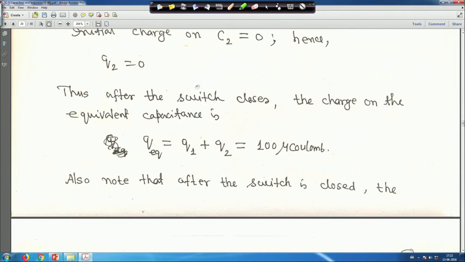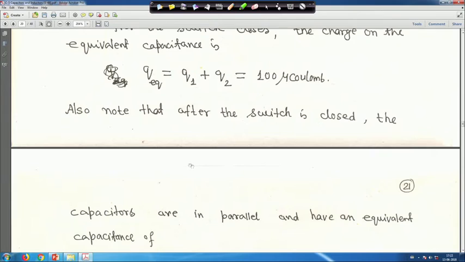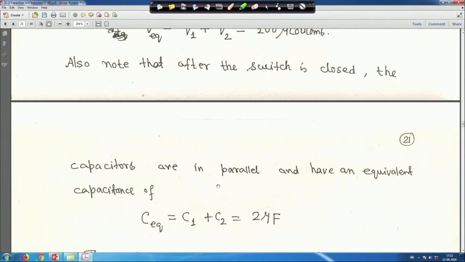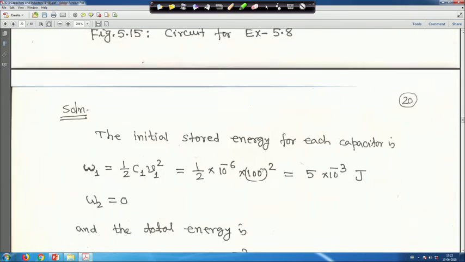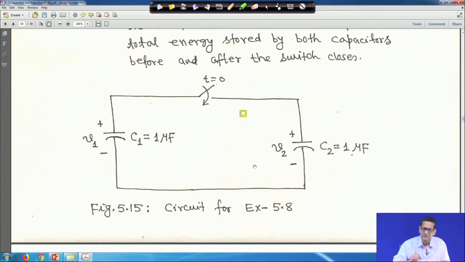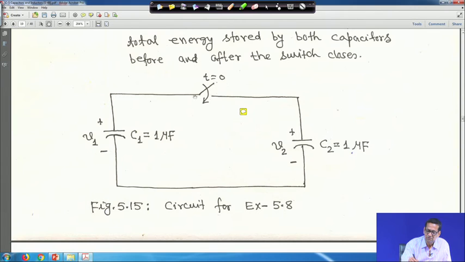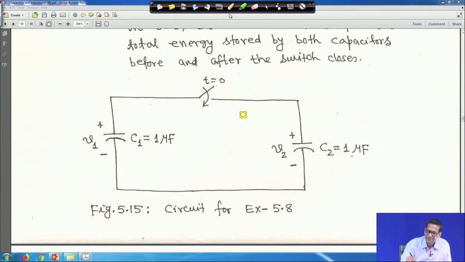So, that means it is 100 microcoulomb. Now, also note, after the switch is closed, the capacitors are in parallel. We have an equivalent capacitance. If you go back to the circuit, when the switch is closed, C1 and C2 are in parallel, and both are equal.